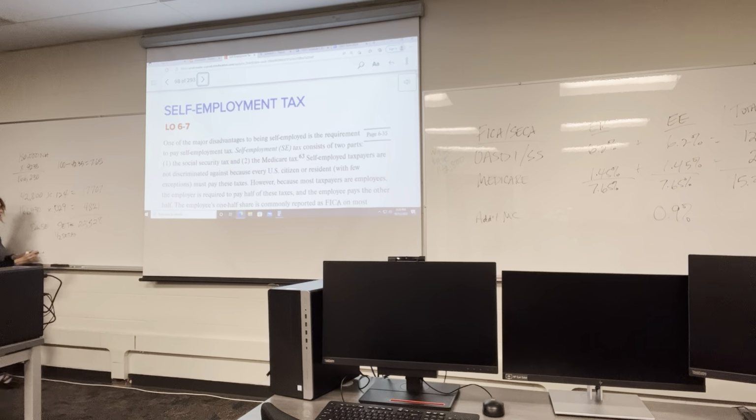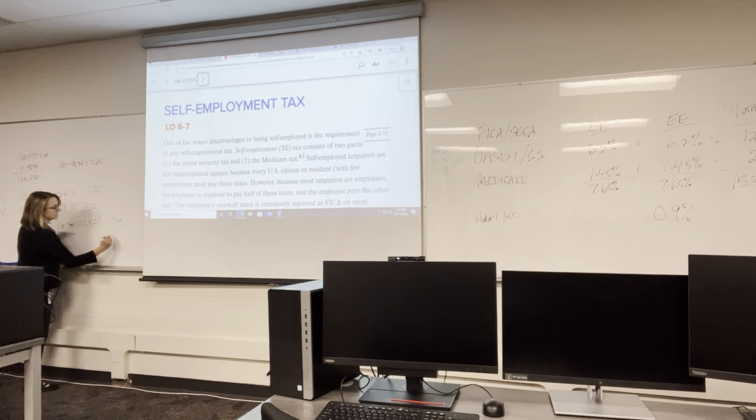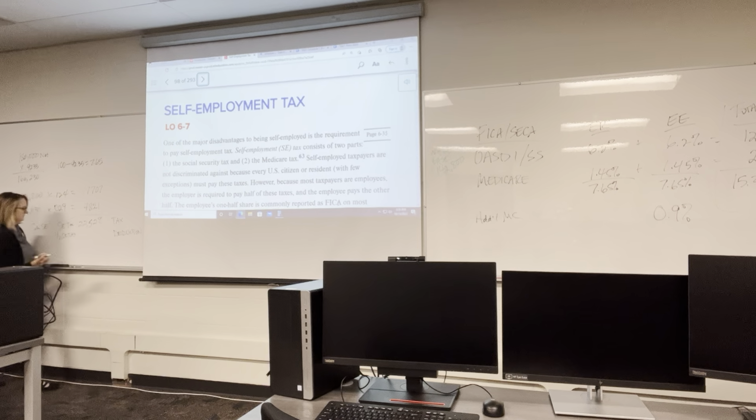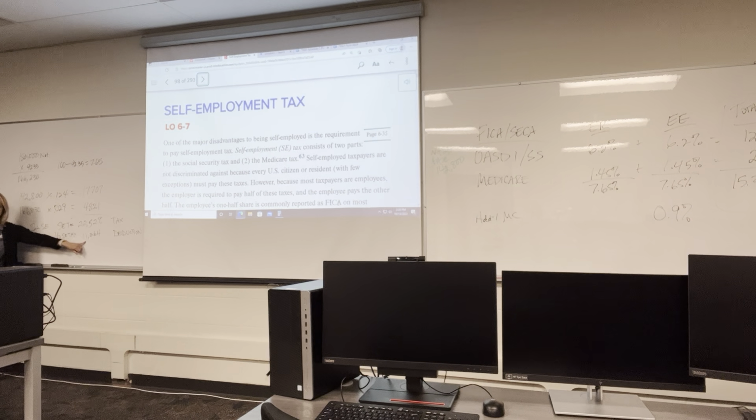This is a deduction, or an adjustment, actually. What's half of 22,528? 11,264. This would be a deduction on our Schedule 1. This is going to be a for-AGI deduction. This is the one-half of self-employment tax, after we've calculated that self-employment tax.